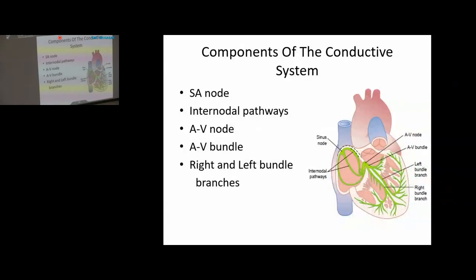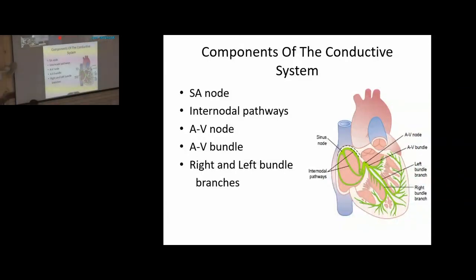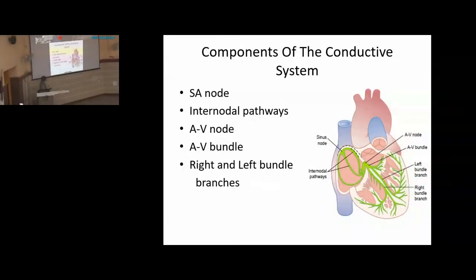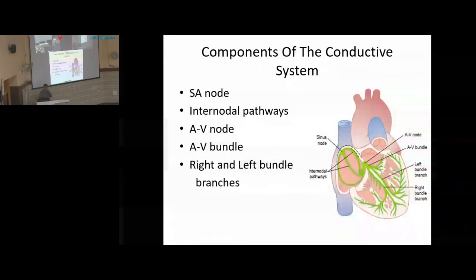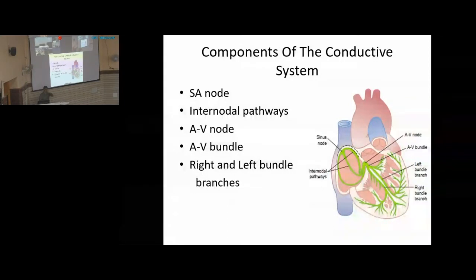So from AV node arises a bundle which is called the bundle of His, and it pierces that non-conducting fibrous band which is present between atria and ventricles. You know already that there is a non-conducting fibrous tissue which separates atria from the ventricles.